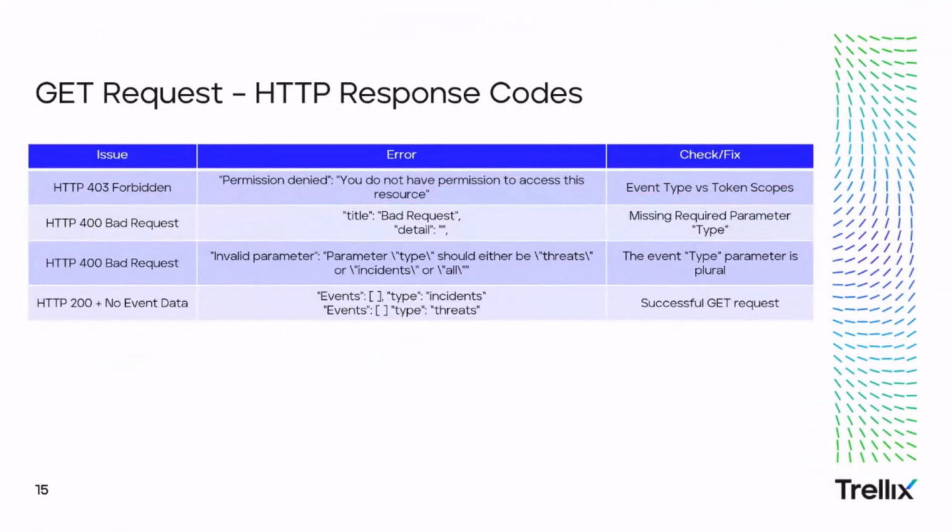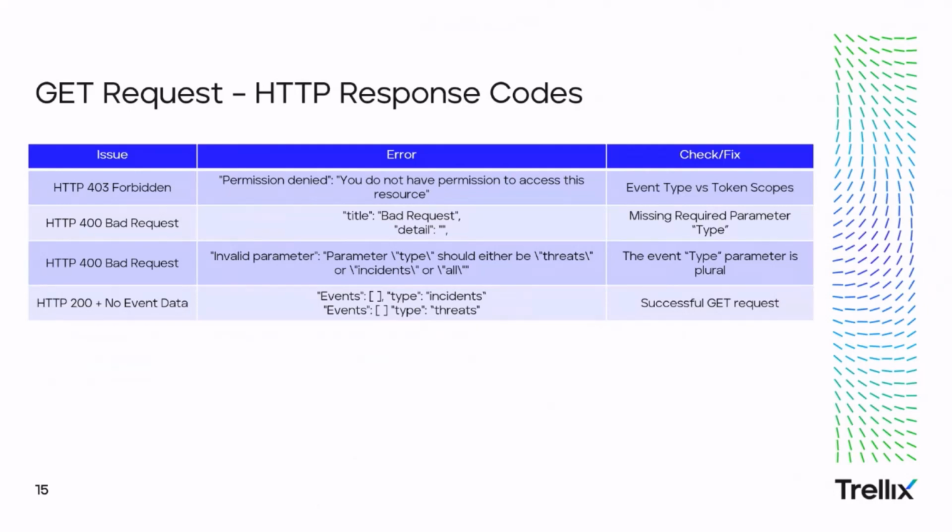All right, now once you have the GET request configured, there are a few failures which we see that can be corrected by making a change to the request itself or to the token you're using in the request. If you see an HTTP 403 forbidden message, this is almost always an issue with the token. You'll need to confirm that the token includes permissions to the type of event that you're requesting.